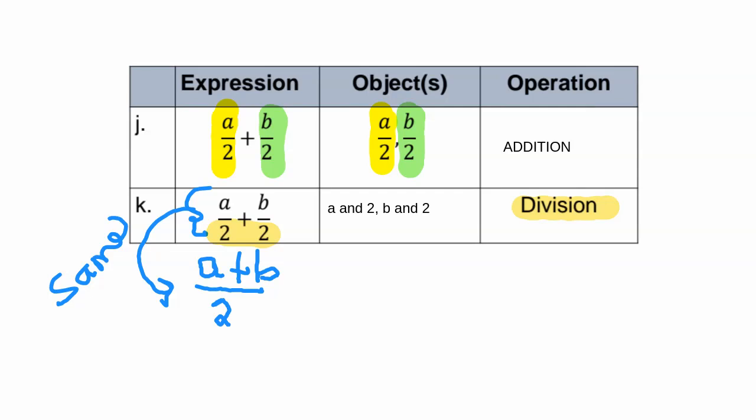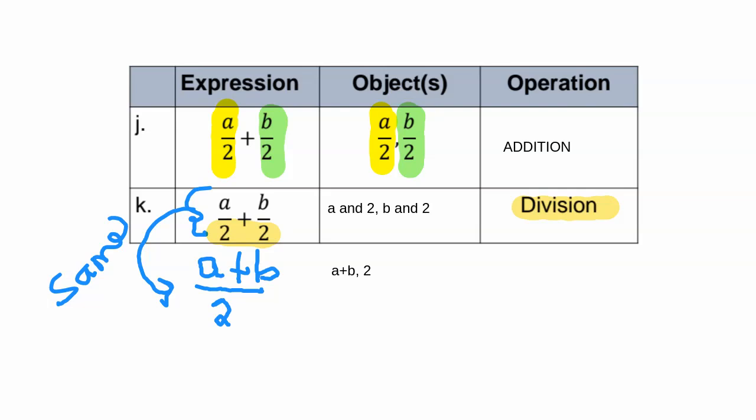That's division. But we also can say A plus B, comma 2. That is also division. So notice that I can say K in two different ways.